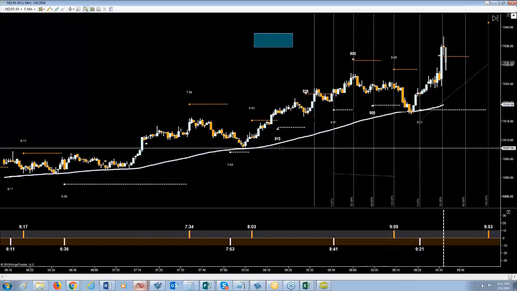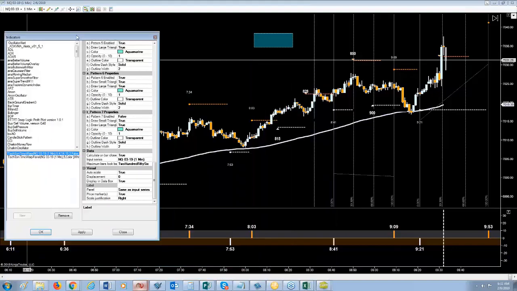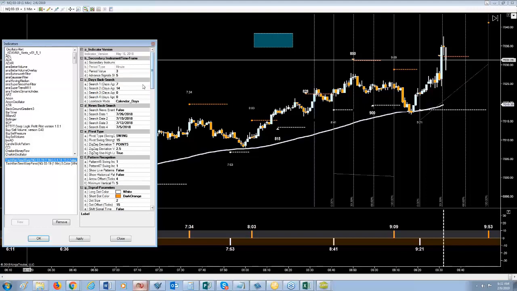So if you don't have the settings for this chart, I'm just going to review them with you real quick. This is a time warp signal. The first day back search is 7. The second day back search is 14. We're referencing calendar days. The swing value is set to 15. And the dot offset is set to 15.